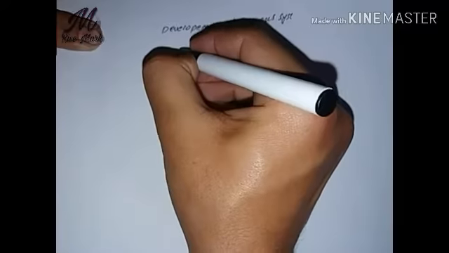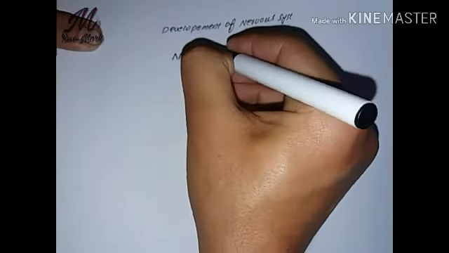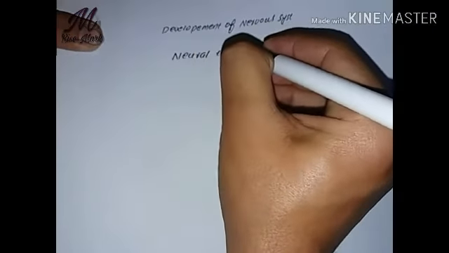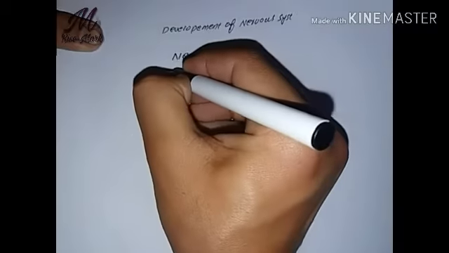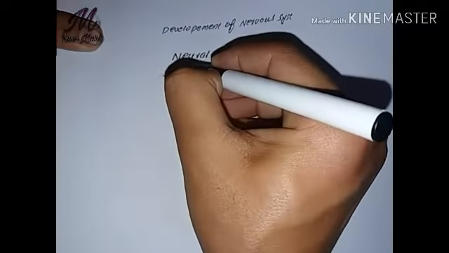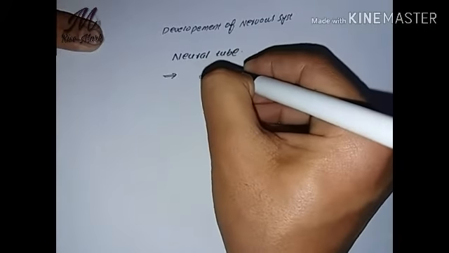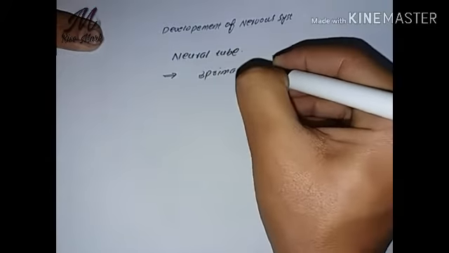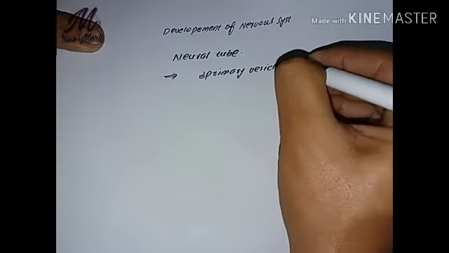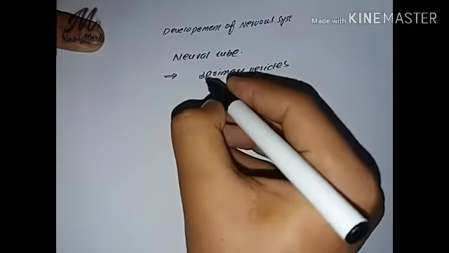First, what happens after the formation of the neural tube? Three primary vesicles appear.